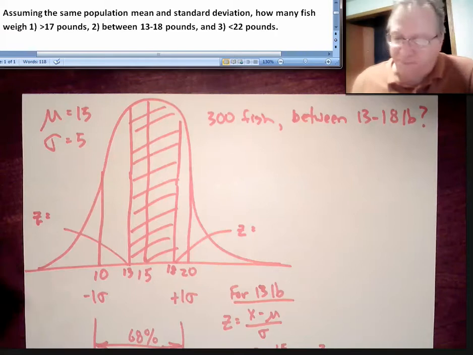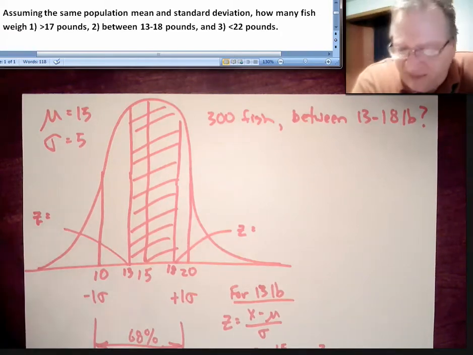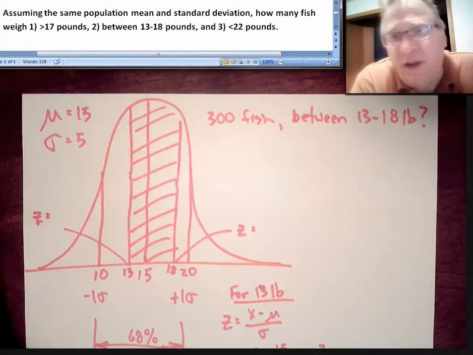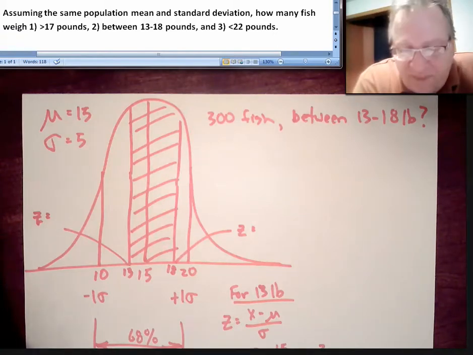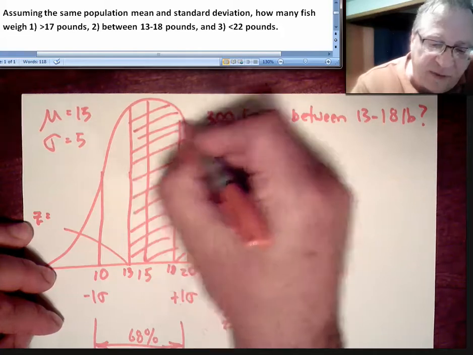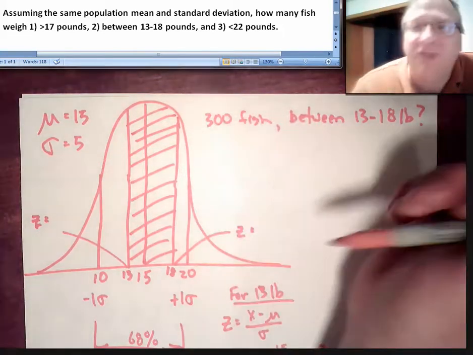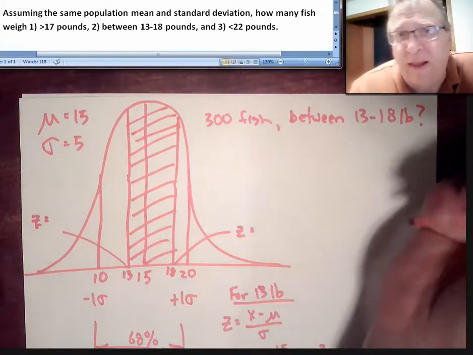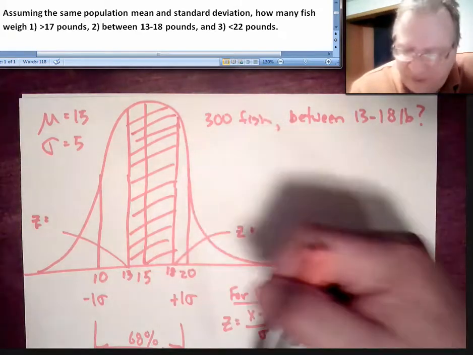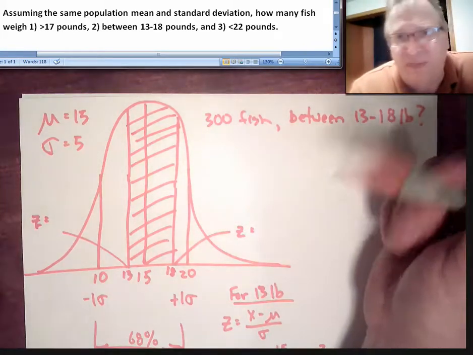All right, when we look up a z-value of negative 0.4 in our text, we won't find it. What we have to realize is that the z-scores rely on the symmetry between the two sides of the normal distribution. Even though we calculated a negative number, you look up the absolute value of it, the positive version of it.